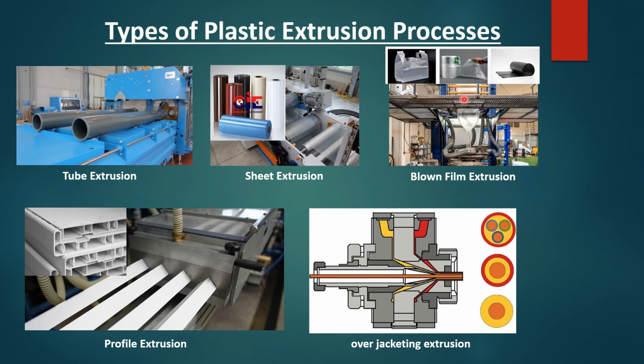With profile extrusion, we can manufacture a variety of sections, including complex sections. Over-jacketing extrusion is generally used for covering a part. Suppose we have wires and need to cover them with plastic layers; for that we use over-jacketing extrusion, so it acts as an insulator for the wire.